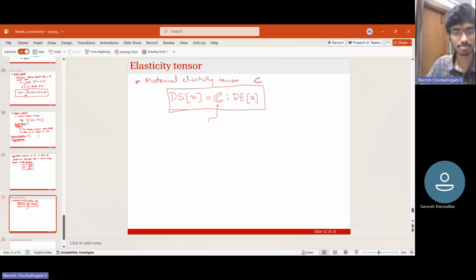We also have a... so if you look at this, and this is a Lagrangian quantity, you also have a spatial elasticity tensor or an Eulerian elasticity tensor. And that is the directional derivative, but in the direction of the velocities, right?